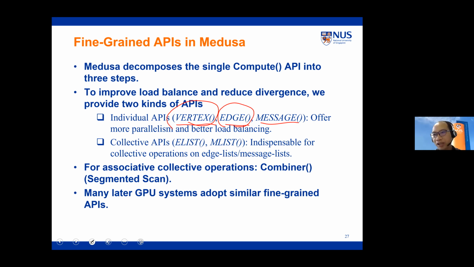The message here can be empty. Because we have three fine-grained user-defined APIs, the underlying system, like Medusa, has the flexibility to schedule the workload on different threads. That gives more load balancing and is more efficient, for example, in taking advantage of the coalesced access of the GPU. In fact, many later GPU systems adopt this fine-grained API design.